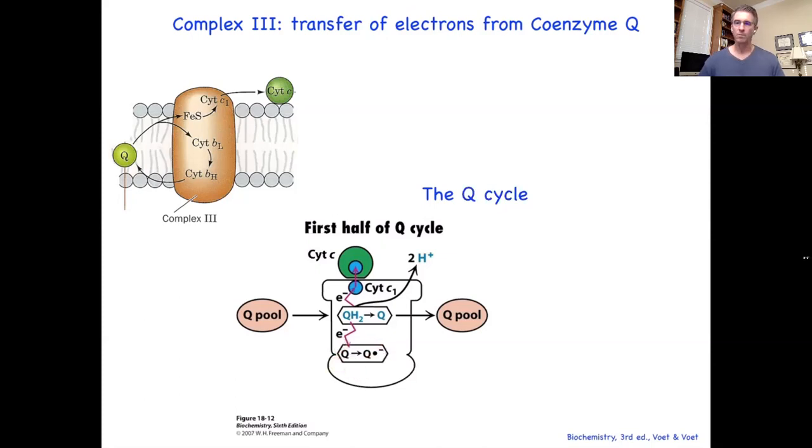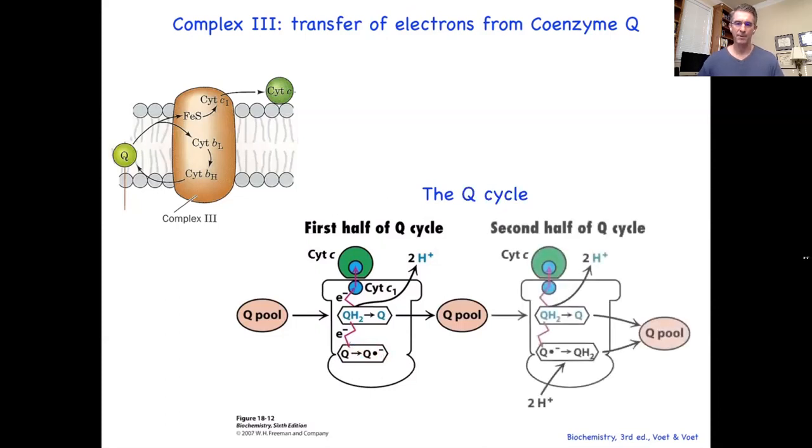The semiquinone that was in the second binding site stays there. And now a second molecule of dihydroquinone binds to that first site, and we repeat the process. We peel one electron off back to the Rieske iron sulfur cluster, and then into that C-type cytochrome, which then gets transferred to a second molecule of cytochrome c.